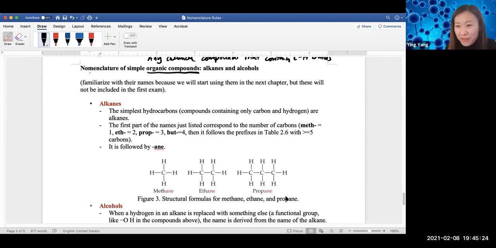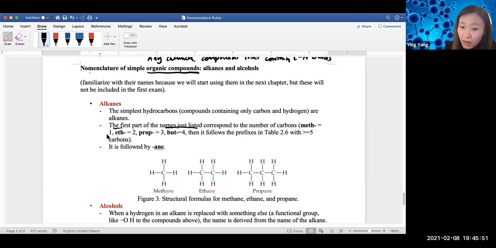You're probably already familiar with some of them. The first part of their names corresponds to how many carbons they have.